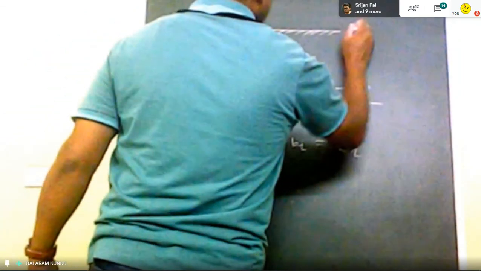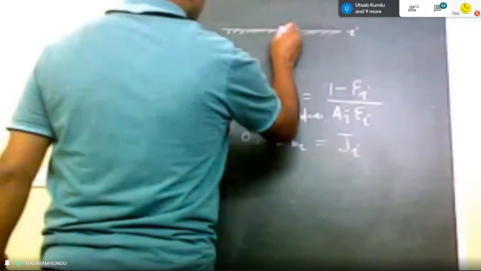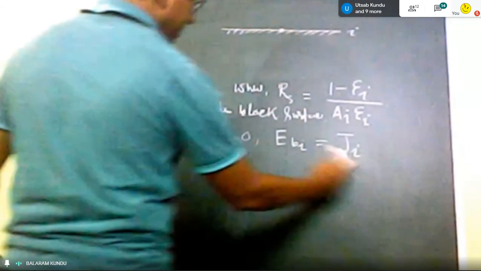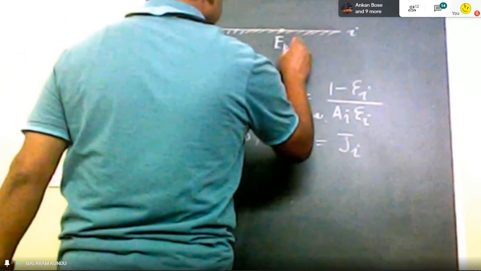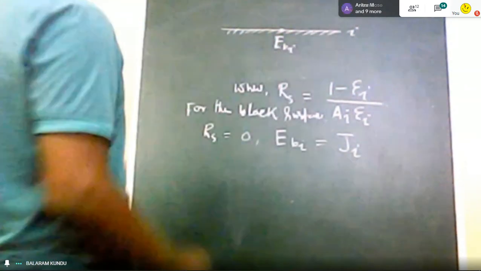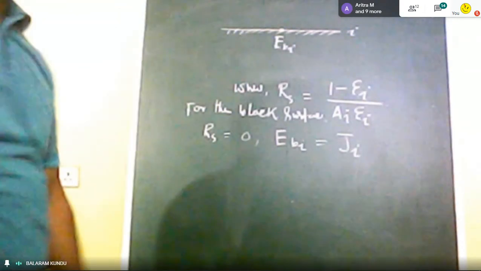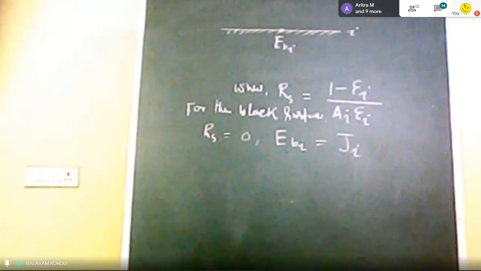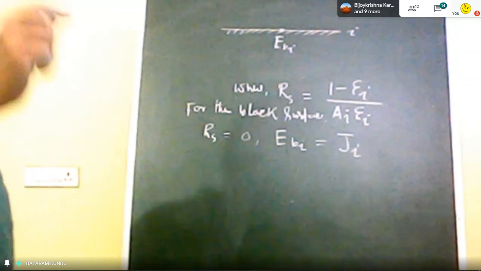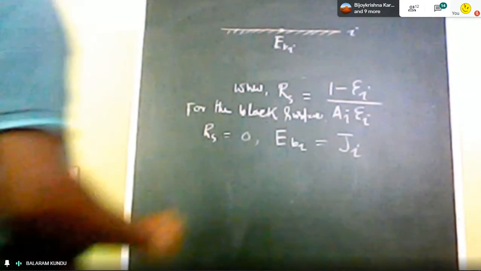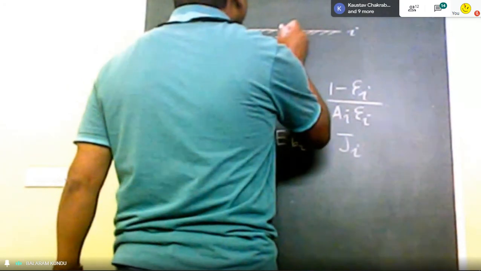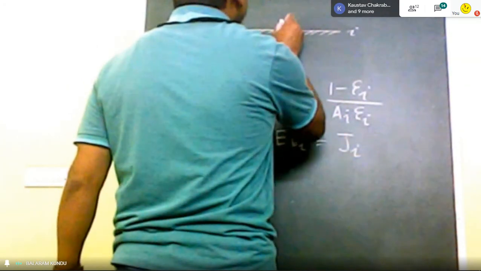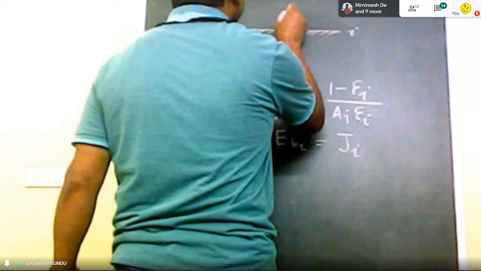Using electrical analogy, on this surface we consider Ebi, the emissive power of a black body, and this is a real surface because emissivity is less than 1, and for a real surface one resistance should be there. That resistance is called surface resistance. This is your surface resistance.